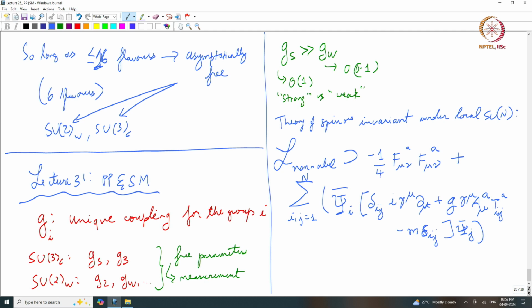Okay, excellent. So once again I'm going to write this. This is where I get 3 colors for SU(3). Why? Because i, j run from 1, 2, 3, right?